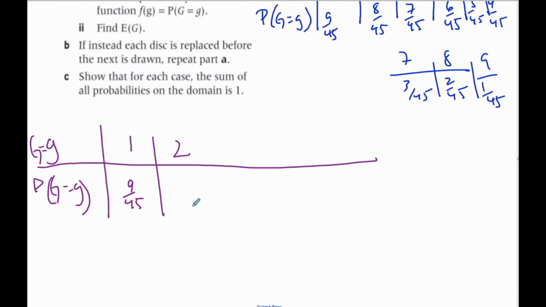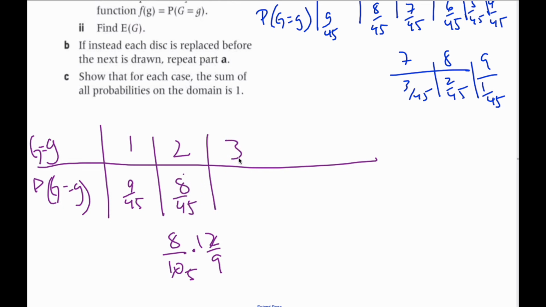If I do it on the second grab, that means the first one had to have been a green one or a white disc, which is going to be 8 out of 10, and the next one would have had to have been 2 out of 9. And so here I get 8 out of 45.